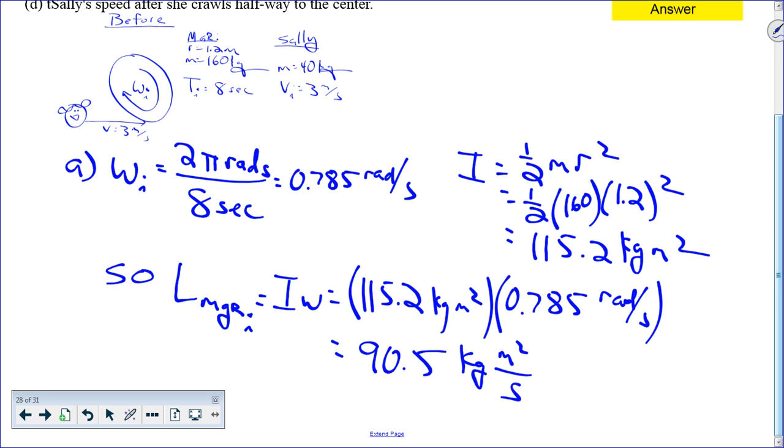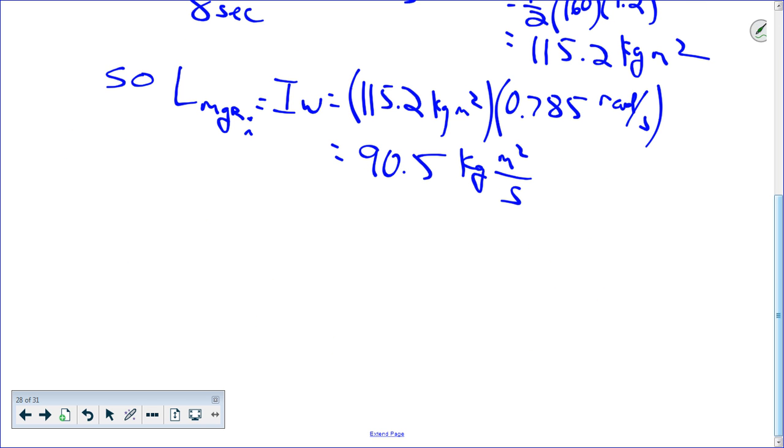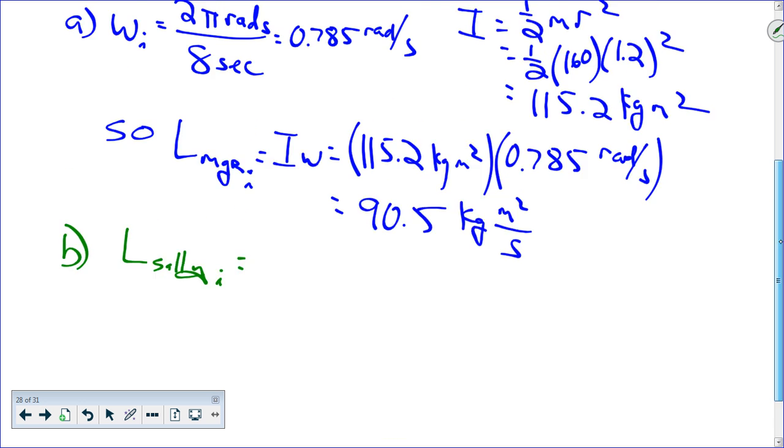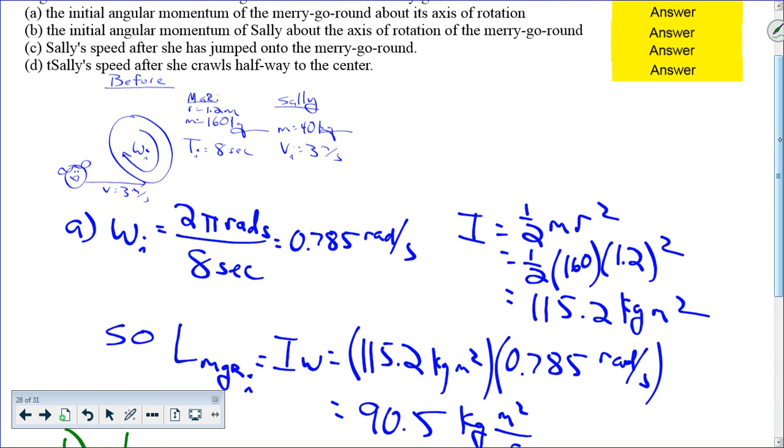Okay, now, part B. Part B wants us to know the angular momentum of Sally initially. So this is weird, because Sally is running linearly, right? So how does she have angular momentum? All right, so if you go back to the drawing, remember I said angular momentum only makes sense with respect to a pivot point, an axis of rotation.